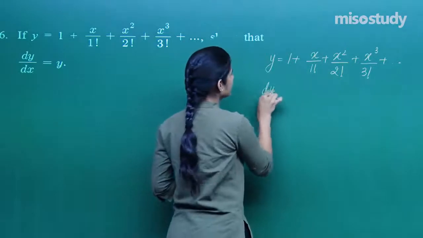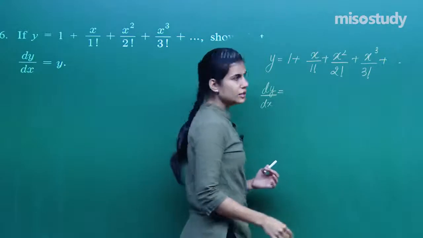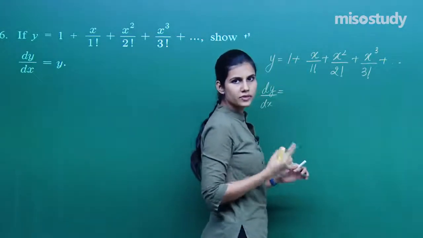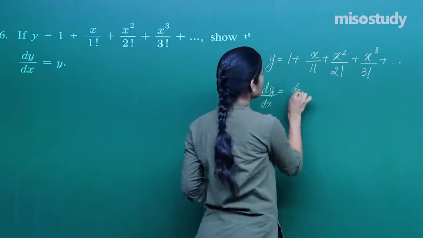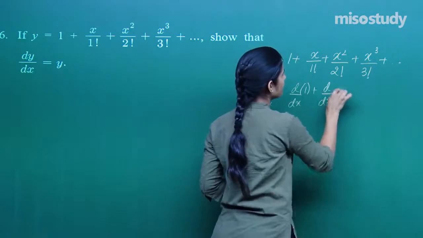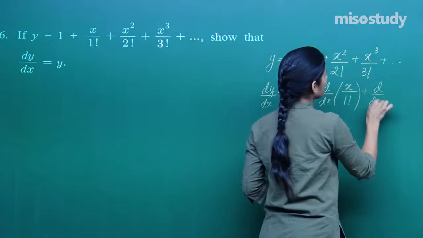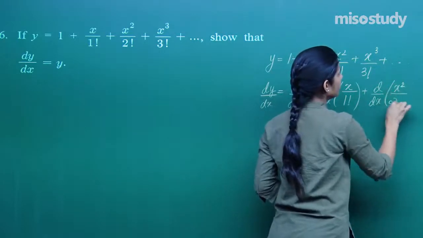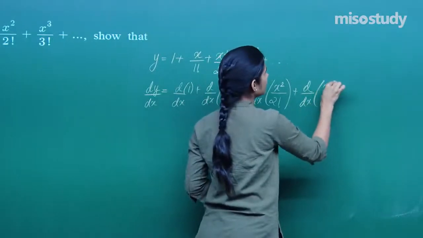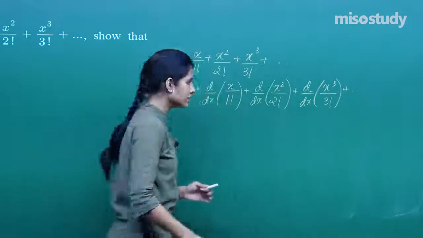So, dy by dx will be d by dx of this entire expression. Now, I know differentiation of the sum is sum of the individual differentiations. So, this will be d by dx of 1 plus d by dx of x upon 1 factorial plus d by dx of x square upon 2 factorial plus d by dx of x cube upon 3 factorial and so on.